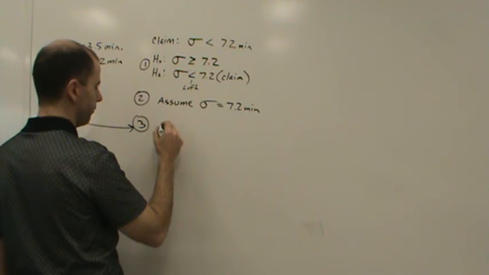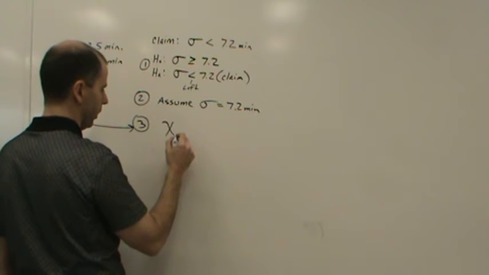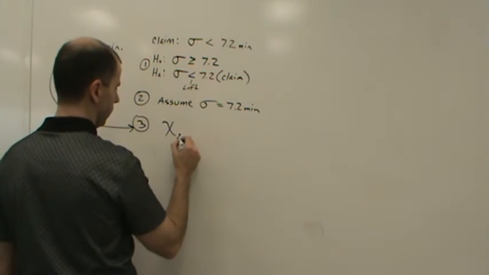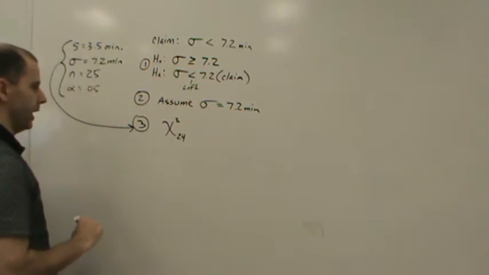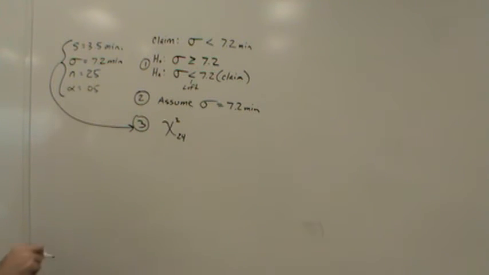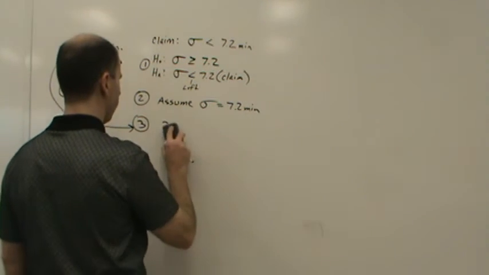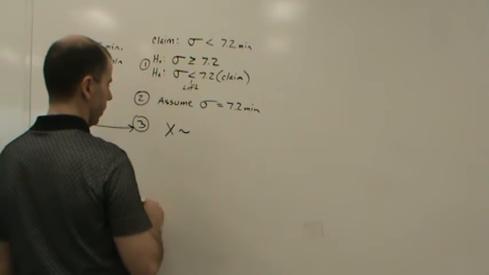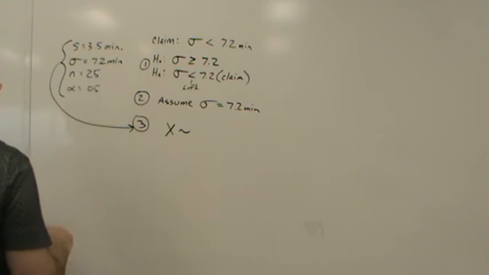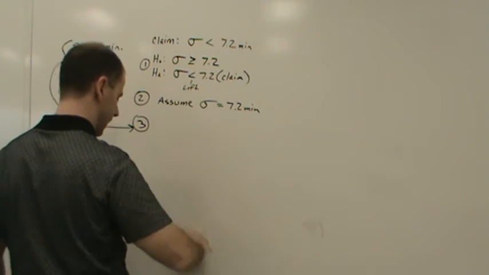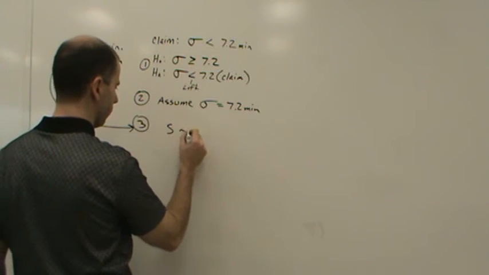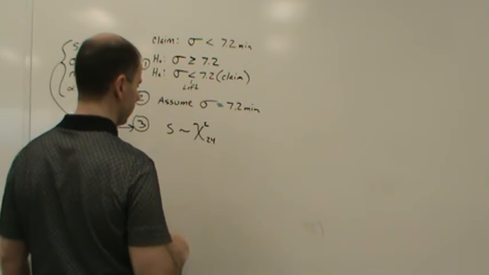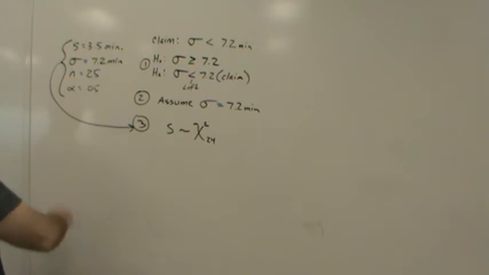How many degrees of freedom? 24. So it's going to be a chi-squared distribution with 24 degrees of freedom. The distribution of s is going to have a chi-squared distribution with 24 degrees of freedom, based on what we're looking at.